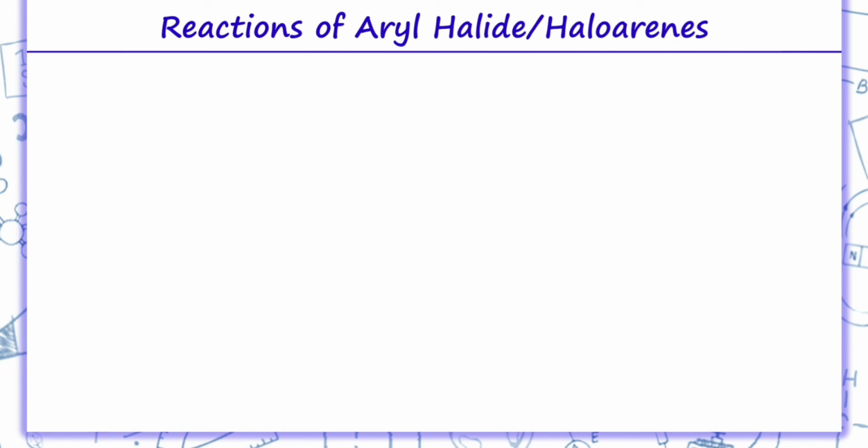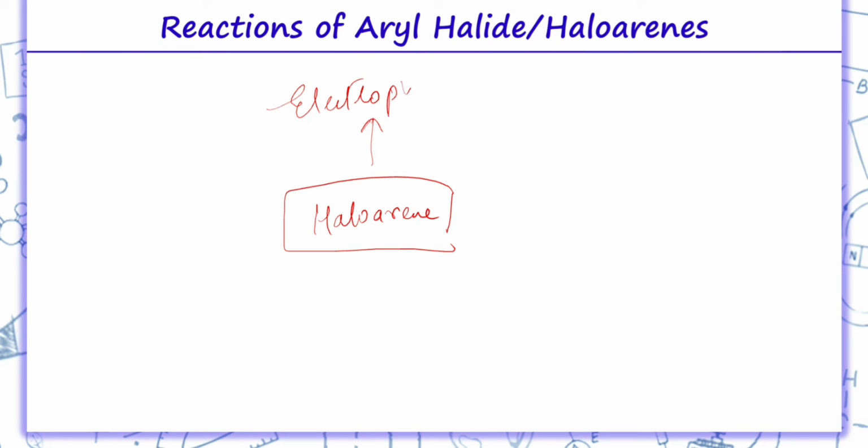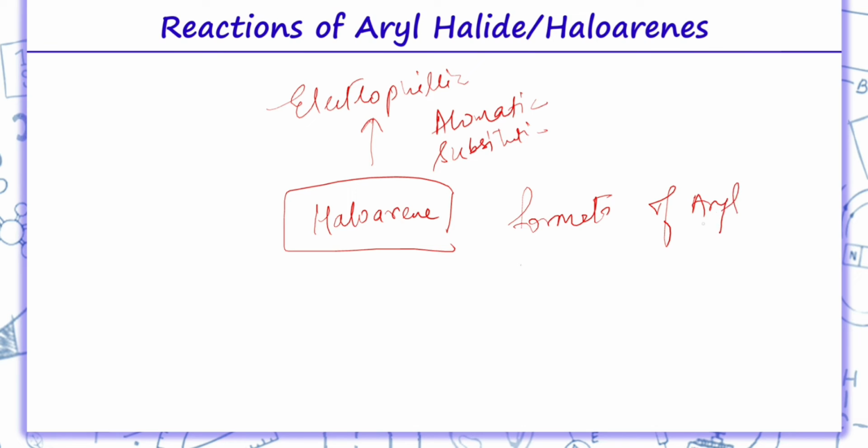Now coming on to reactions of aryl halides. These haloarenes basically show electrophilic aromatic substitution reaction. Next is formation of aryl Grignard reagent.